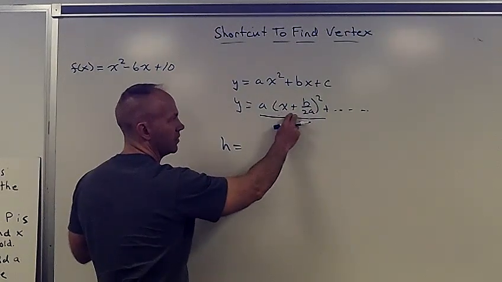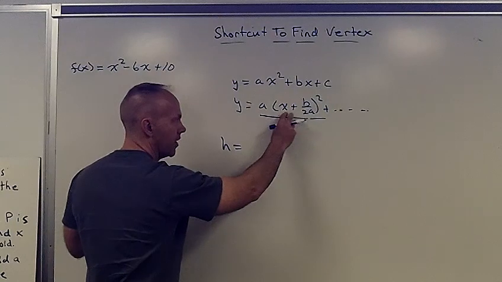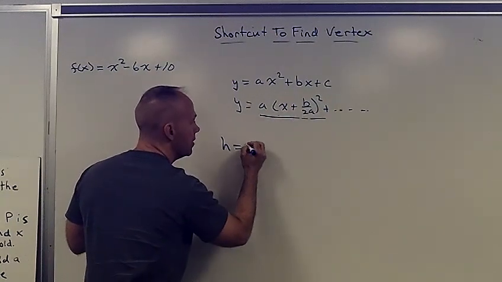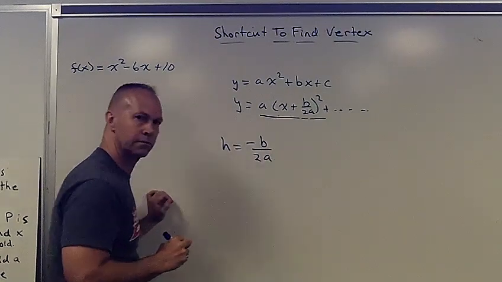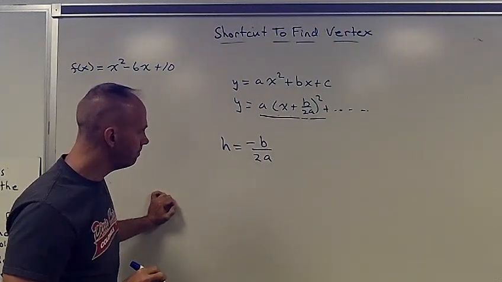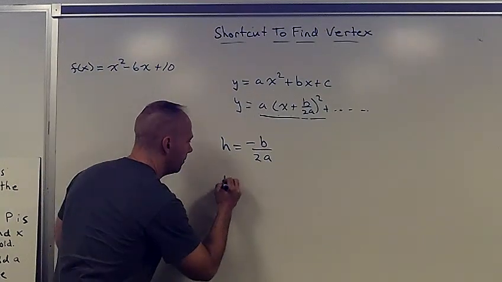If I have x plus b over 2a, it's x minus h, so h is going to be negative b over 2 times a. Cool?